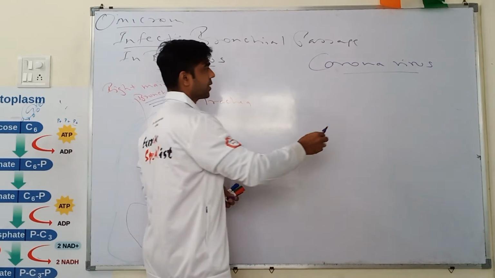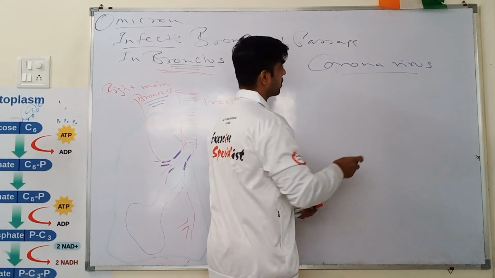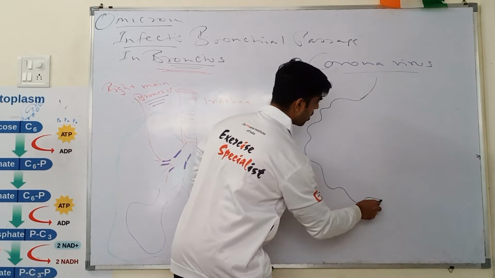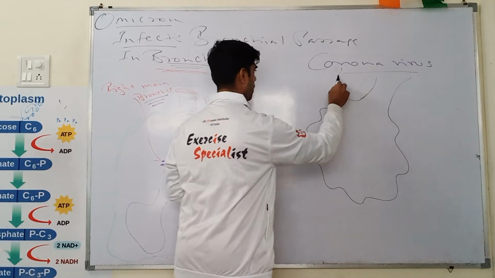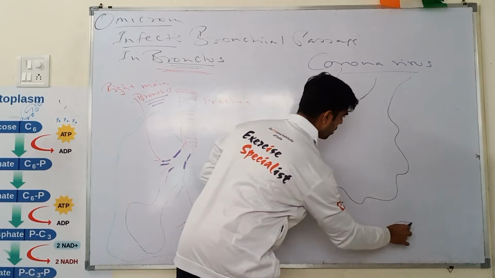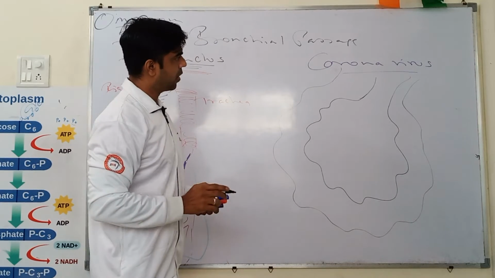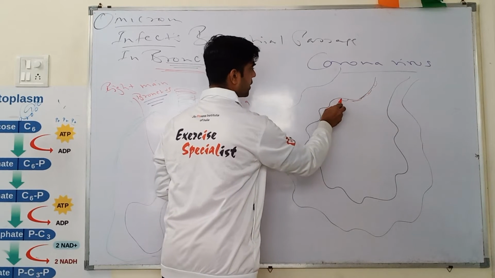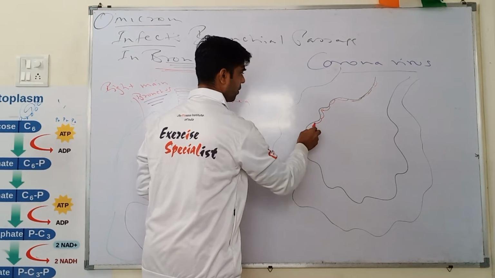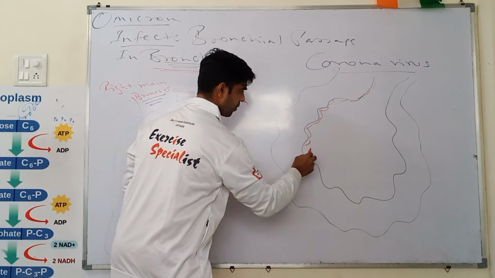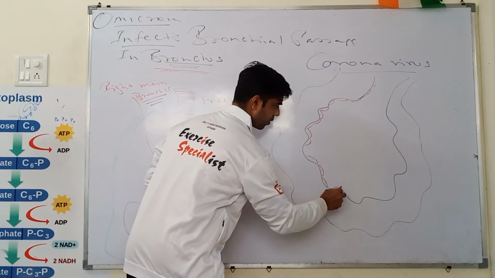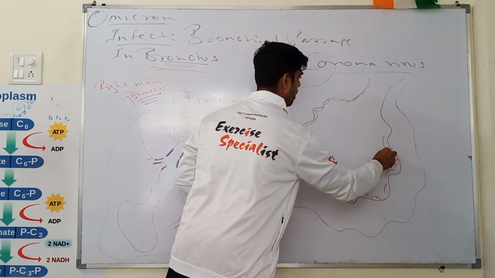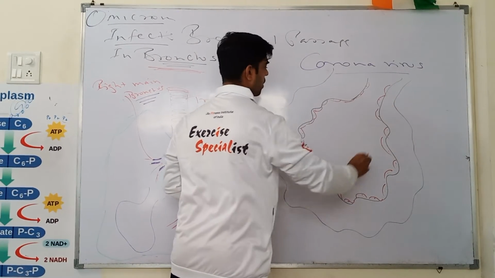Let me enlarge it here. So this is the alveoli, and these are endothelial cells. Right?